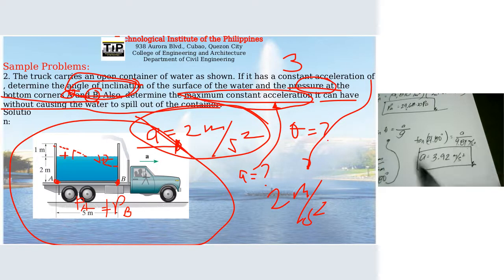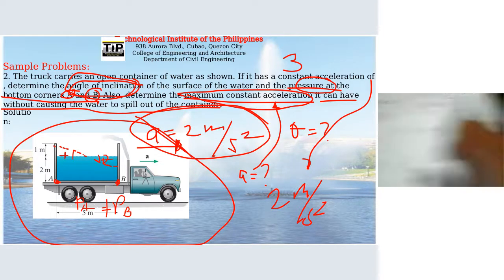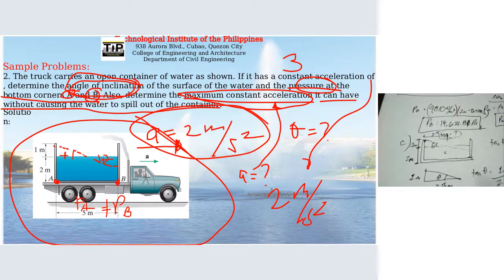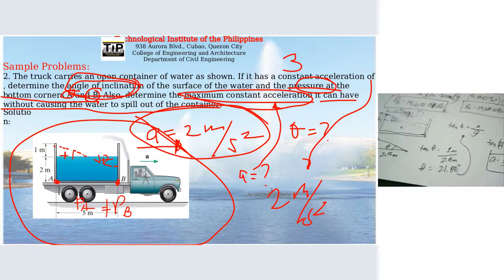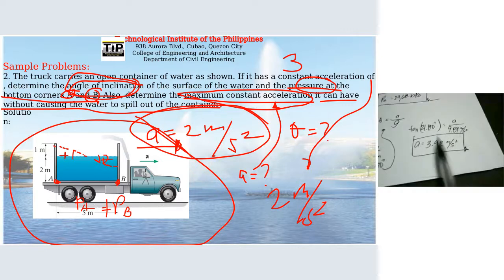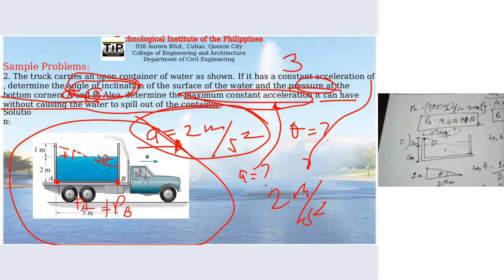So it's equal to 3.92 meter per second squared. So that's the acceleration that will cause the water to move in this position na hindi siya mag-i-spill. So yan yung maximum acceleration na hindi matatapon si tubig.